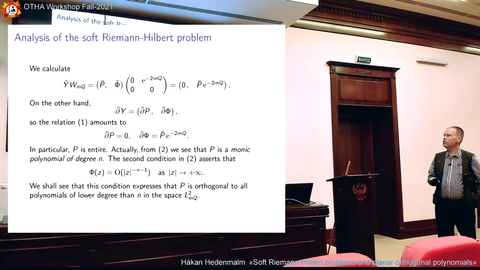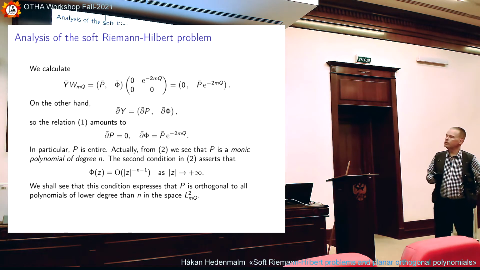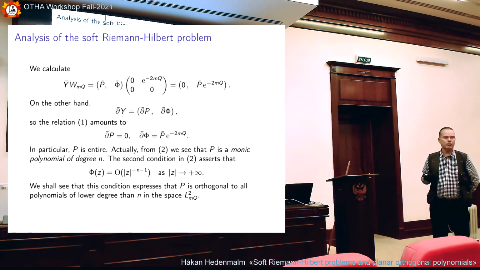And it turns out that that condition expresses that p is orthogonal to all polynomials of lower degree. So this problem gives you a way to express the properties of the orthogonal polynomials. And that was what they hoped. Its and Tahtajan hoped that this would be the way to solve the problem, to find the orthogonal polynomials and their asymptotics.